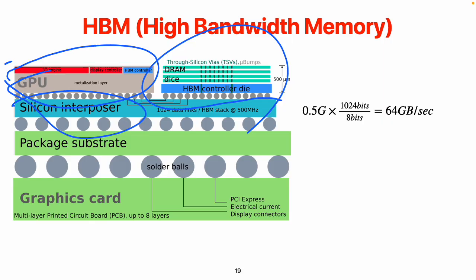So within the same area, you are able to put more wires in. What that means is I can create an even wider bus than the copper wires to transfer data at the same time.